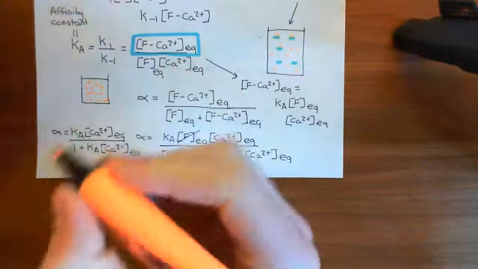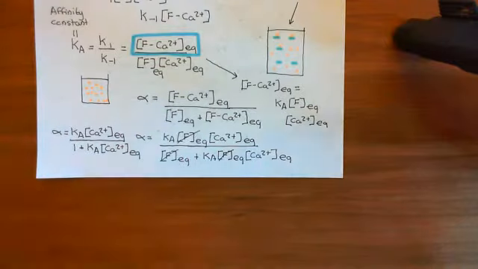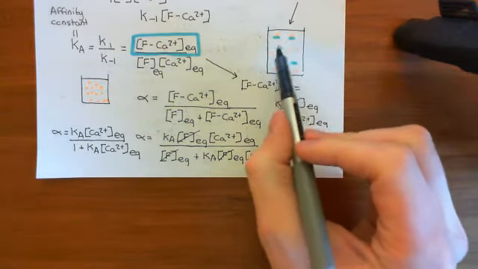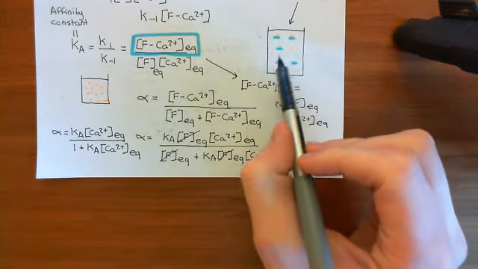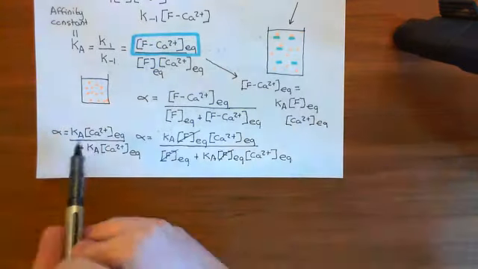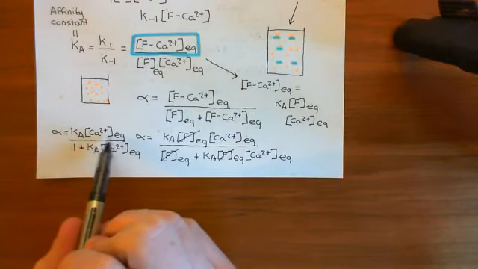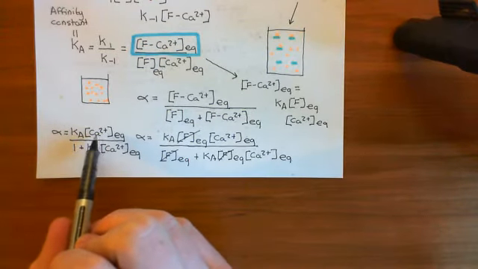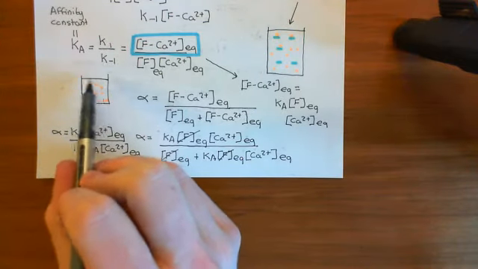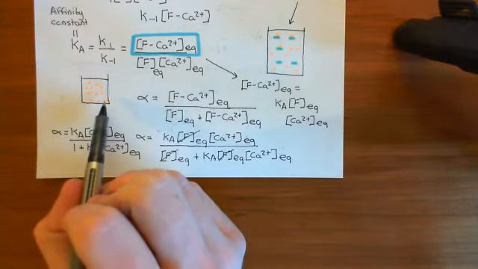That's the one we're interested in. Okay, we then added Fluo-4 molecules, and some of these calcium ions bound to Fluo-4 molecules. Okay, and then were no longer free calcium ions. So this number, the calcium concentration at equilibrium that is free, is actually slightly lower than the calcium concentration that was originally within our test solution.